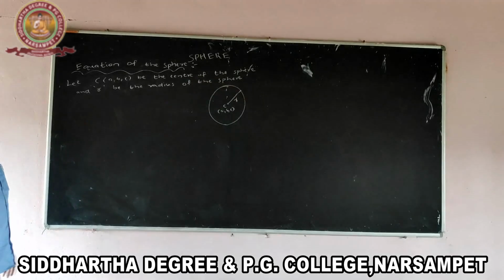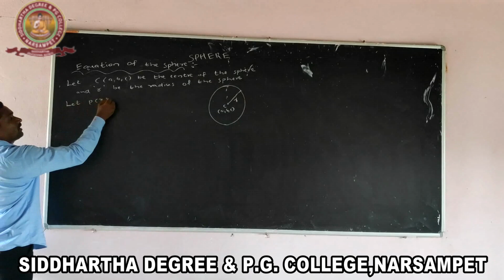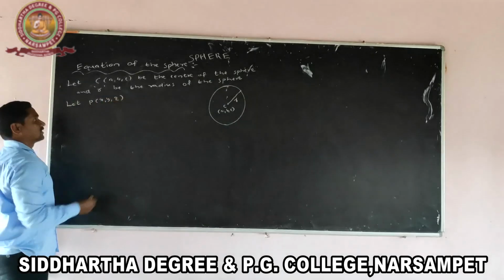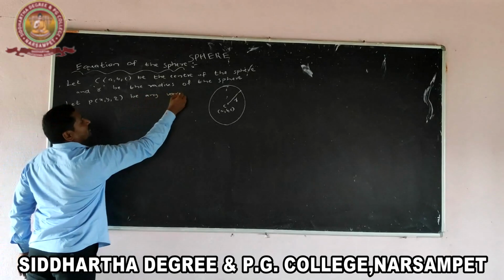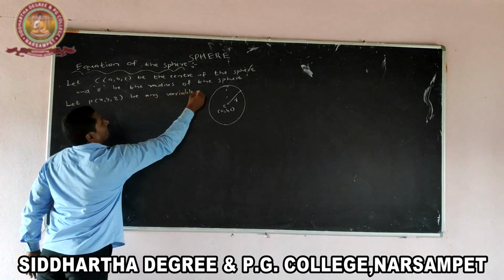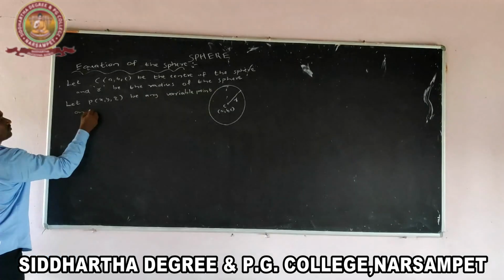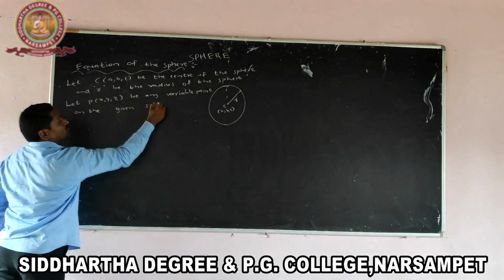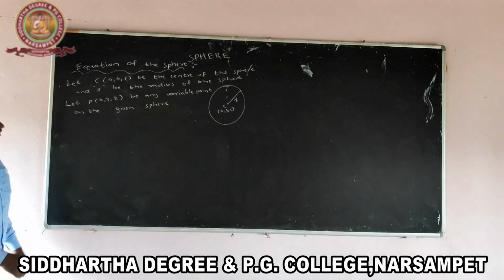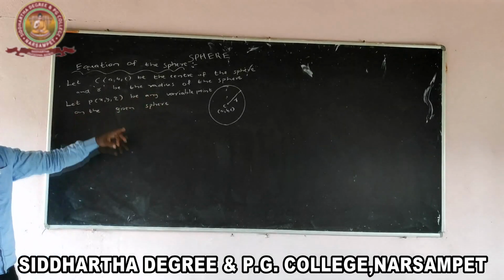Now, suppose I take P(x, y, z) to be any variable point on the given sphere. So let P be any variable point on the given sphere.